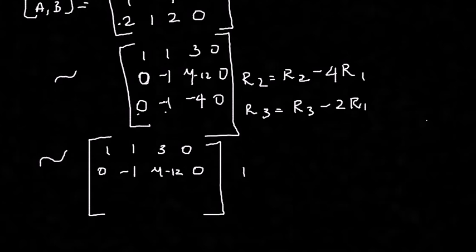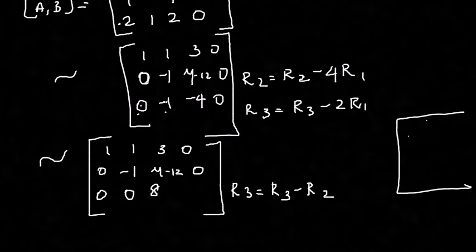And R3, what I'm going to do with R3 is, I'm going to say R3 is equal to R3 minus R2, right? So it becomes 0 minus 0, 0, minus 1 minus of minus 1, so it becomes minus 1 plus 1, 0, and minus 4 minus of mu minus 12.